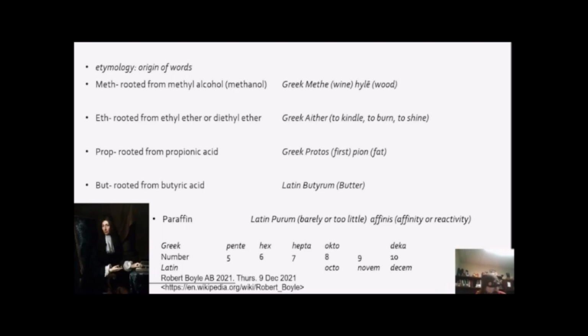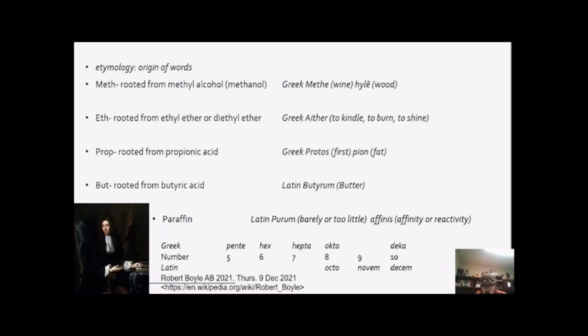As we progressed into the late 1800s, we took a more systematic approach, and we stopped trying to name things based on where they were first found. And so we started to use the Greek and Latin numbering system, where pent in pentane comes from the Greek word penta, for 5. Hex in hexane came from Greek hex, 6. Hepta in heptane, 7. Octane comes from octo, both in Greek and Latin, 8. Nonane, from novem in Latin, 9.